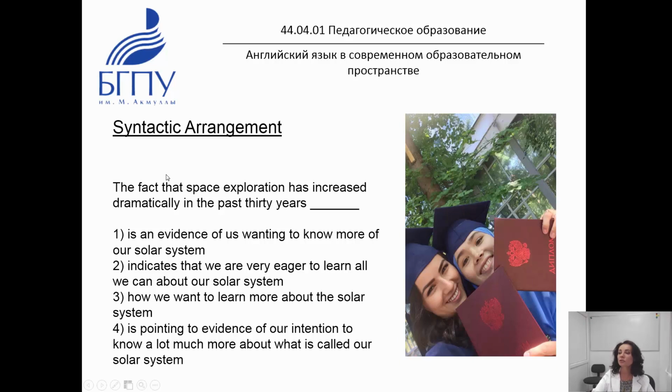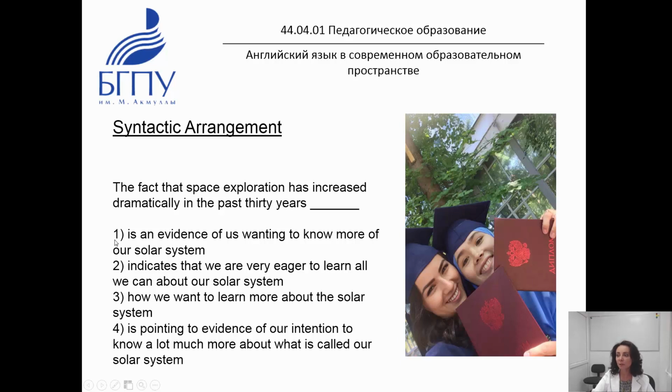That's why we are to spot that predicate in the continuation. Then, the space exploration, that's another subject, has increased. And this is the predicate to the subject, space exploration. So, this predicative line, space exploration has increased, is already fulfilled. That's why we are to look for the predicate to the subject fact.